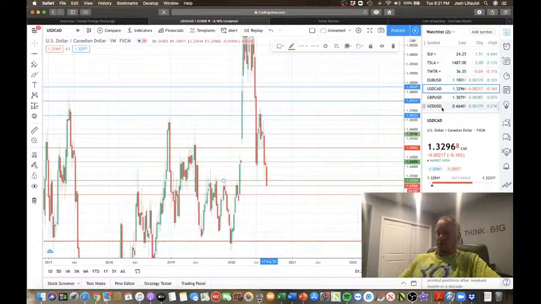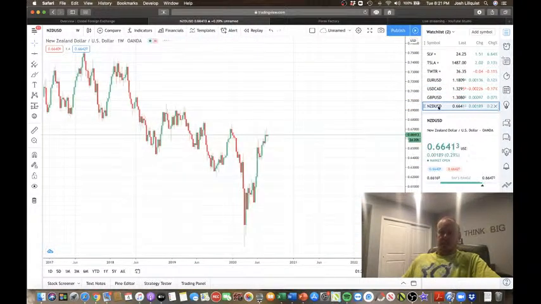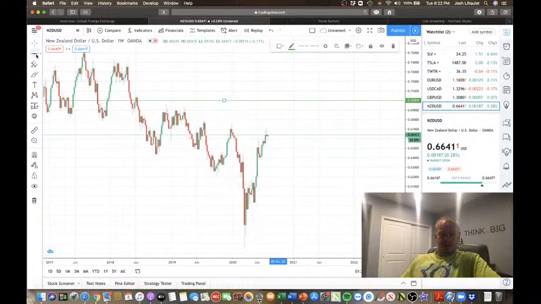One more pair we're going to look at today before we go is the New Zealand dollar. Let's build this out. Right now we got 70 cents, close enough for today, and 60 cents.